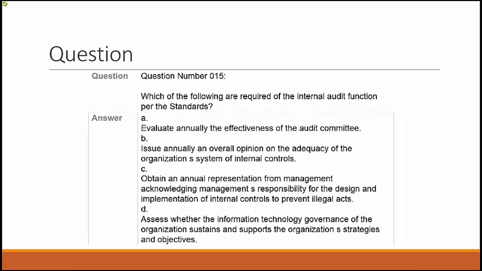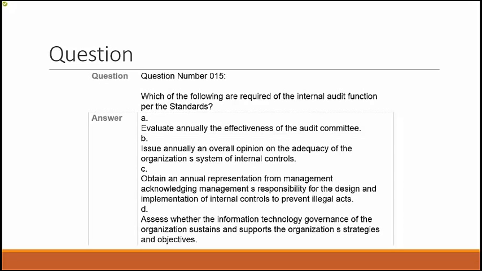And question D, assess whether the information technology governance at the organization sustains and supports the organization's strategies and objectives. This is absolutely something that we should be doing. This is a very high-level process, so this goes beyond looking at the general controls or application controls.